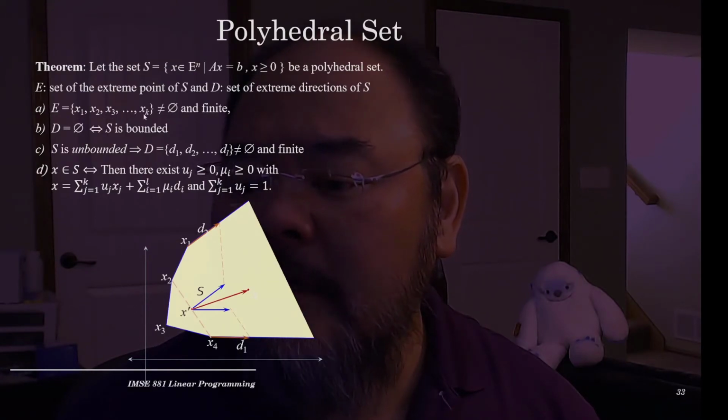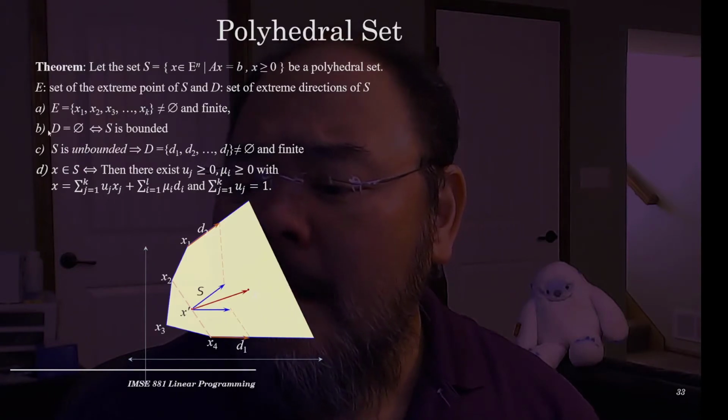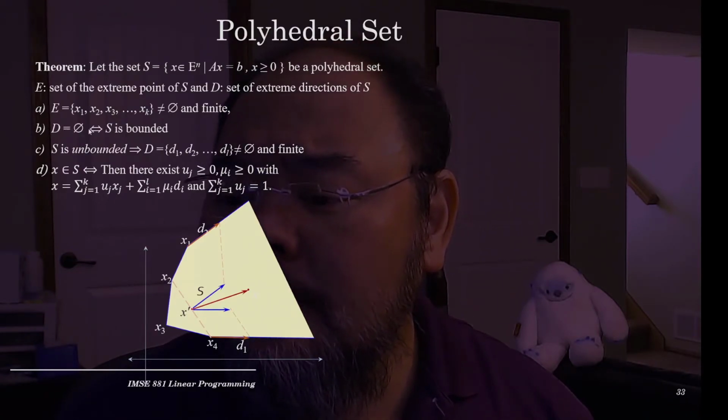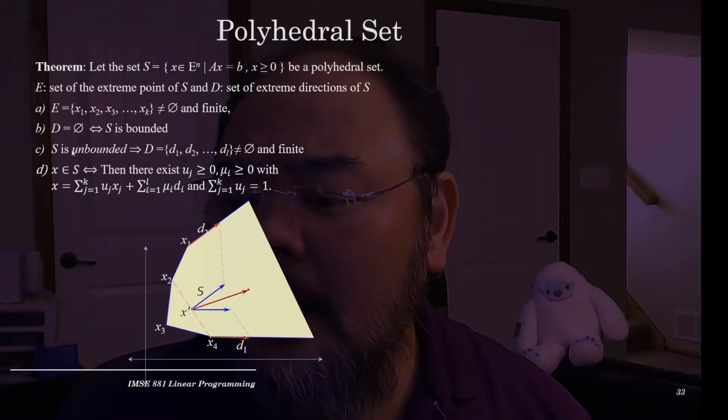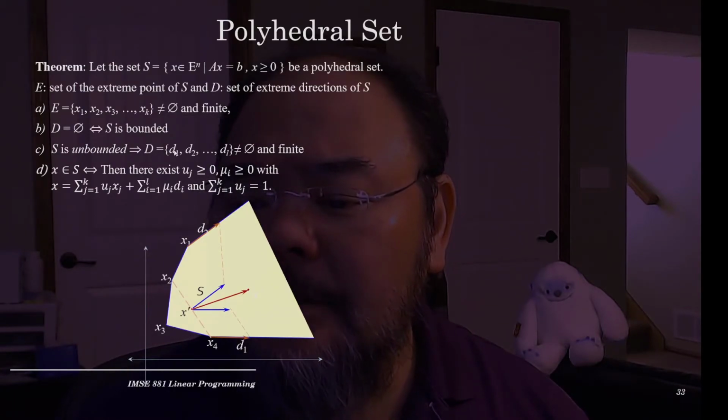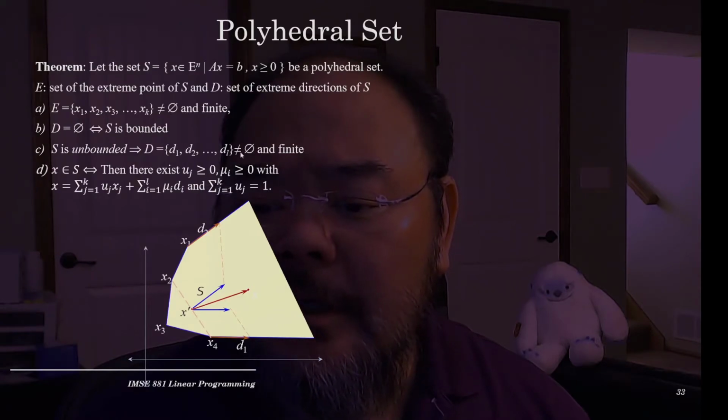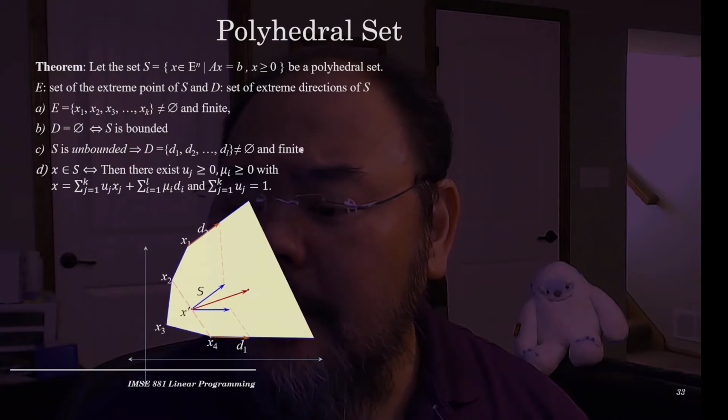So we have a finite number of extreme points. If D equals the empty set, then S is bounded. If D is not equal to the empty set, S is unbounded, but D is also finite.